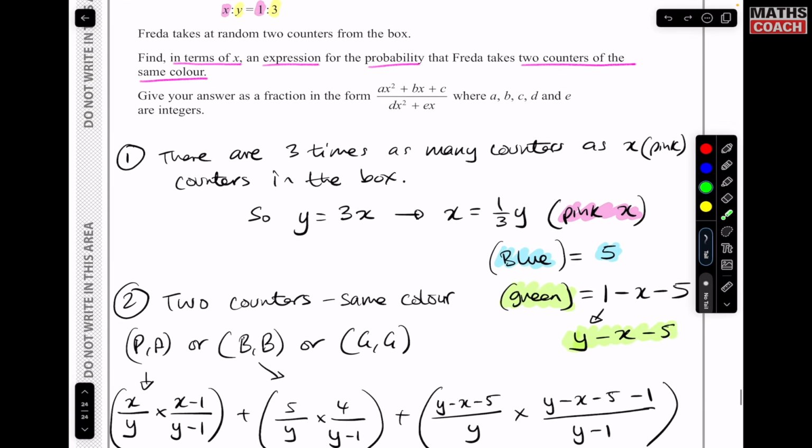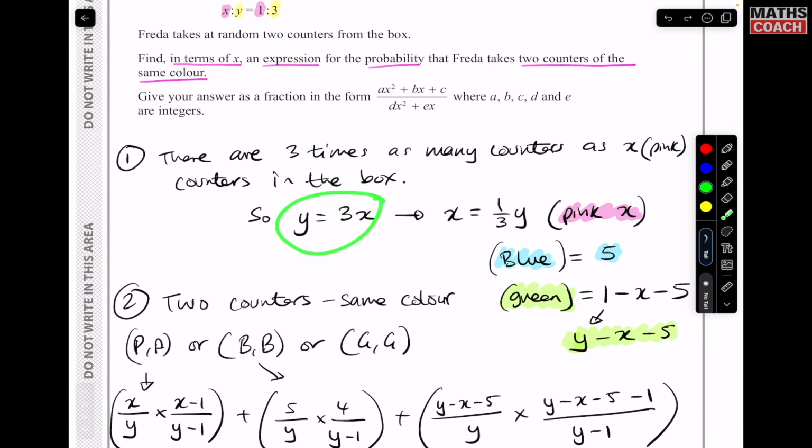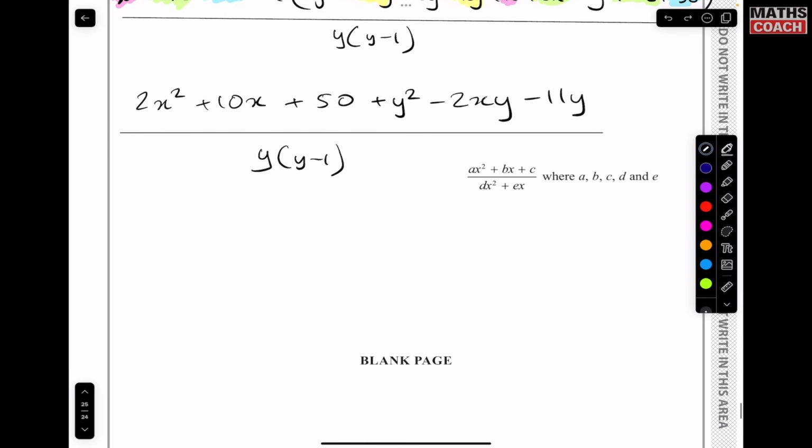So if you go back, remember y was equal to 3x, so I can get rid of the y's by substituting y as 3x. So if I sub y equals 3x, wherever I see a y, I'm going to sub in 3x. So that's 3x there, 3x there, 3x there. Okay, let's do that.